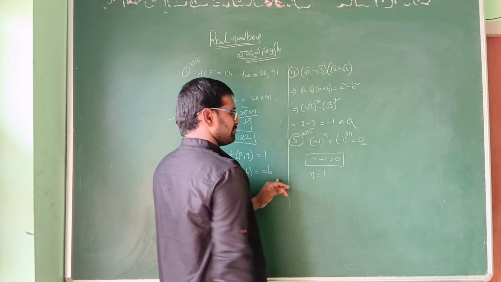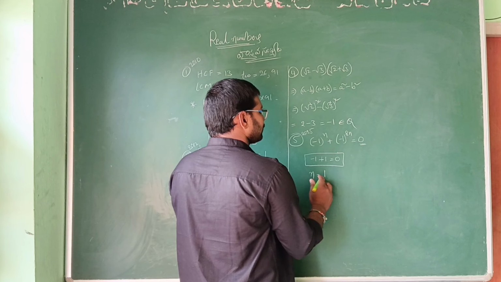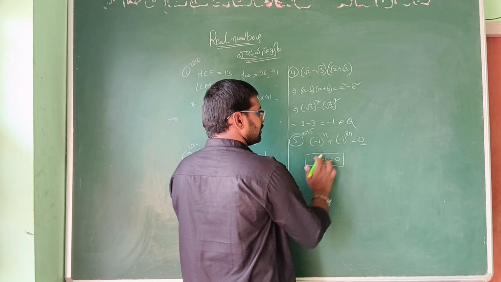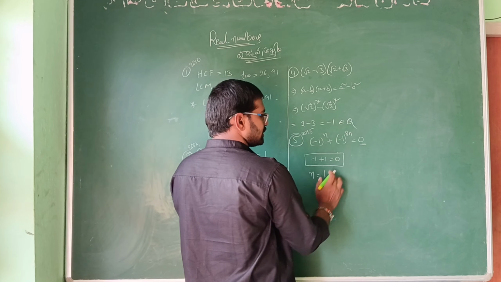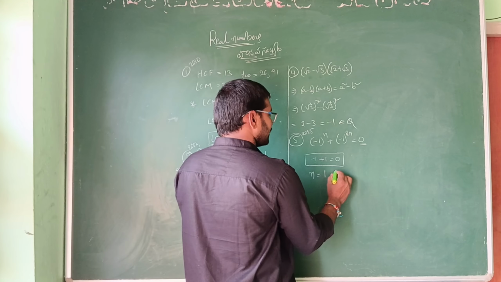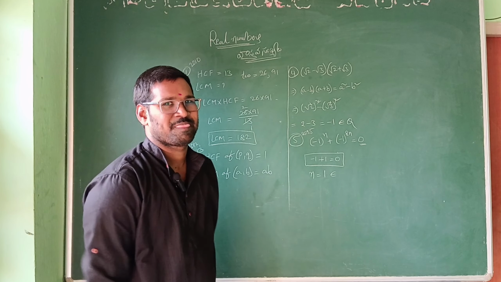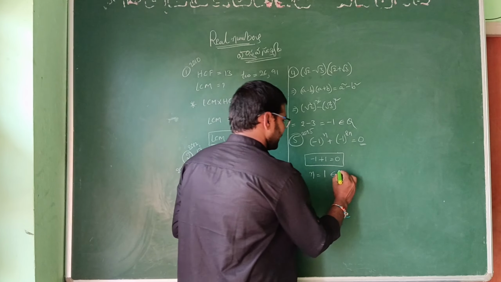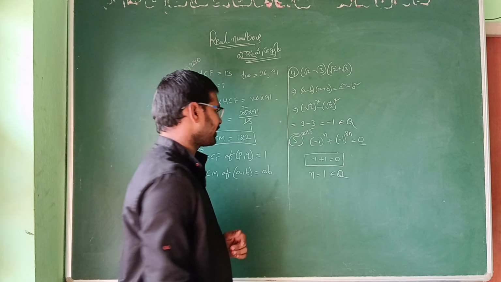The n value is 1. When n is 1, then only it is 0. Observe that minus 1 power 1 is minus 1, and 8 into 1 is 8, an even number, so it is positive. Minus 1 plus 1 is 0. Done. The question is whether n is rational or irrational. It is a rational number. That's it.